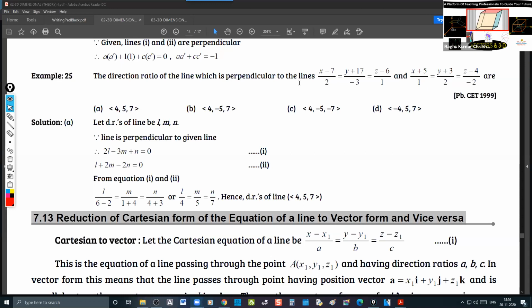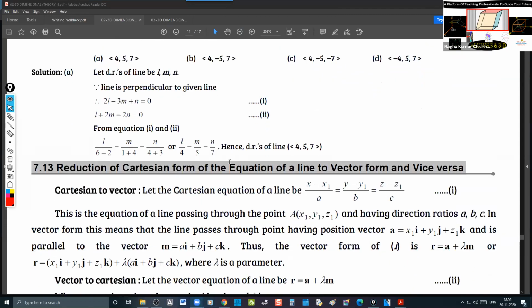For this one, we have taken the cross product of the DRs of both the lines. There is 2, minus 3, 1, 1, 2, minus 2. We have taken the determinant of this, and determinant means it is nothing but the cross product, and we have got the DRs of the line which is perpendicular to it.